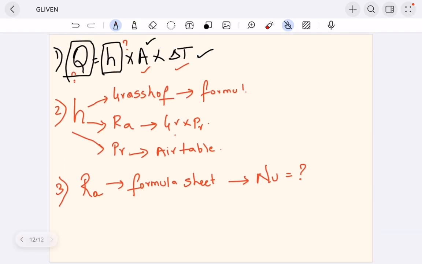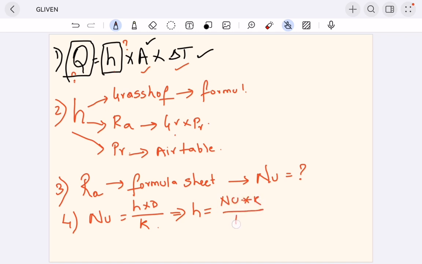Once I have the Nusselt number, I am going to use the general convection equation, H times D divided by K, wherein I can calculate H from here, Nusselt times K divided by D. That's how I can then substitute it back here to get the value of Q. So these are the required steps in order to get H and the value of Q.